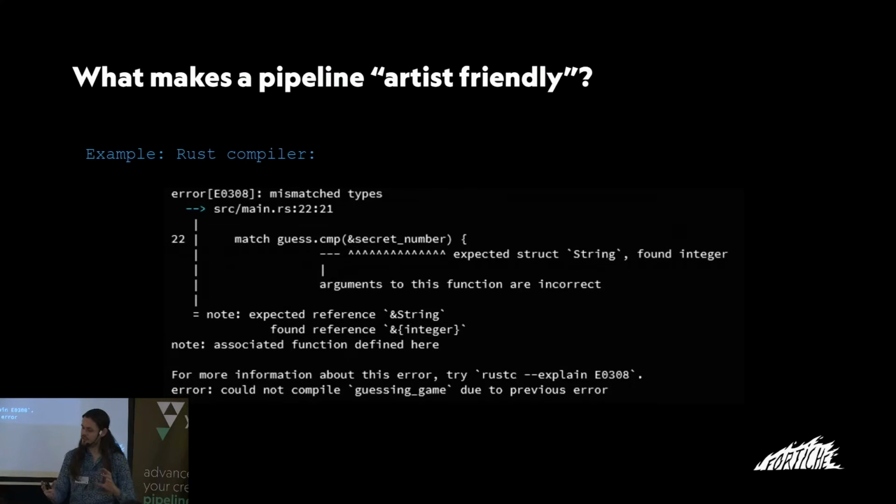It can suggest some stuff to help you resolve the issue. And if it's not enough, it can also point you to the documentation, saying you have this link that explains exactly the issue, etc.